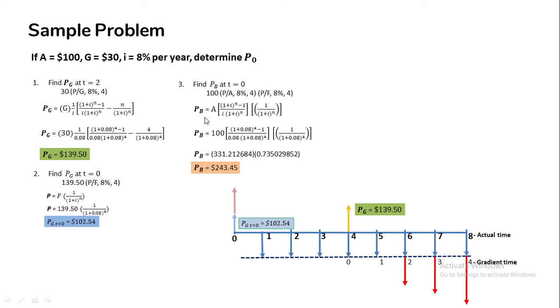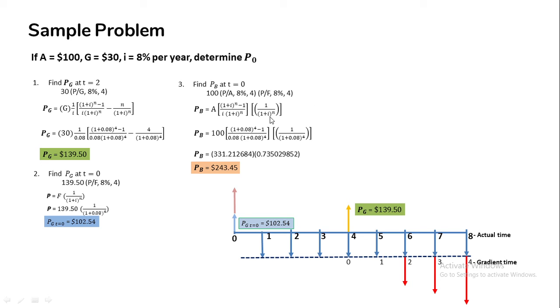So P sub B, or present worth of base, is equal to A, bracket, parenthesis (1 plus i) raised to n minus 1 over i parenthesis (1 plus i) raised to n, multiplied by PF, which is 1 over (1 plus i) raised to n.